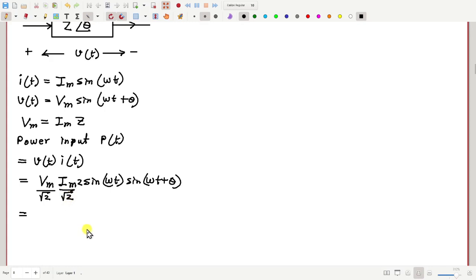Now Vm by root 2 is nothing but the RMS value of voltage, and this is I RMS. Then this 2 sine A sine B you can expand as cosine of the difference of these two, which will be theta, minus cosine of the sum of these two angles, which will be 2 omega t plus theta.